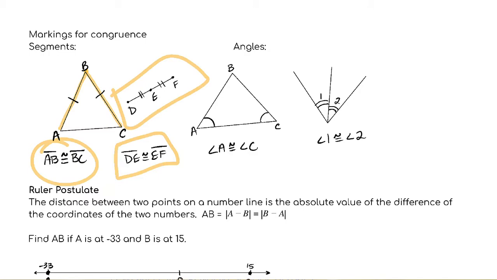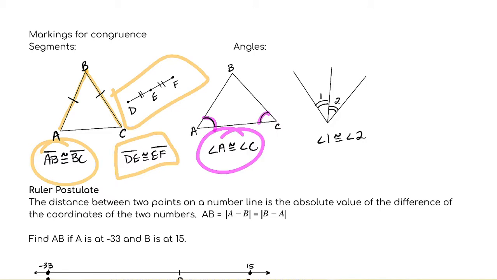To label congruent angles, you're going to use arc markings. So a little curve. Here we've got a single, and we've got the angle congruency statement there, naming the angles with the congruent symbol in the middle.